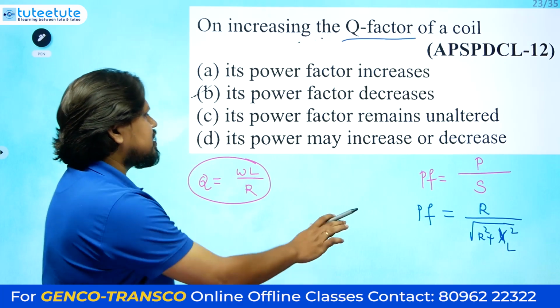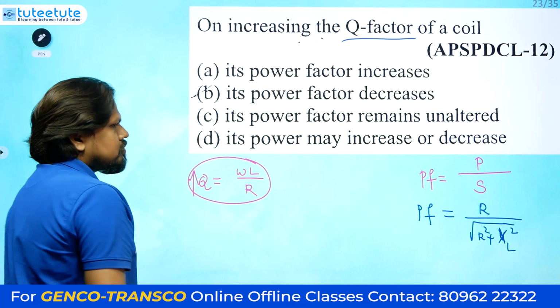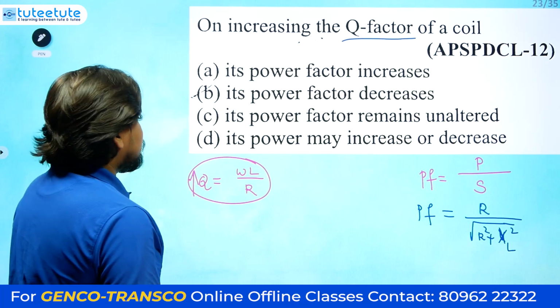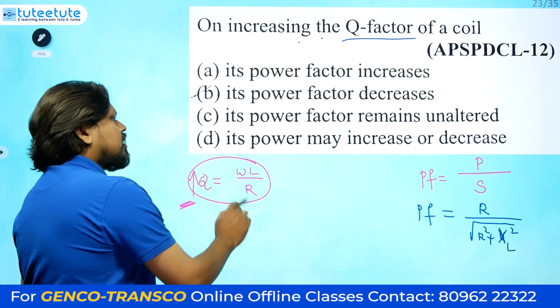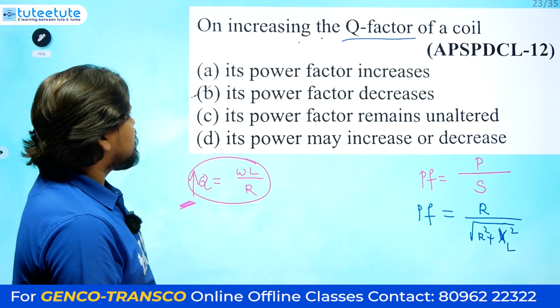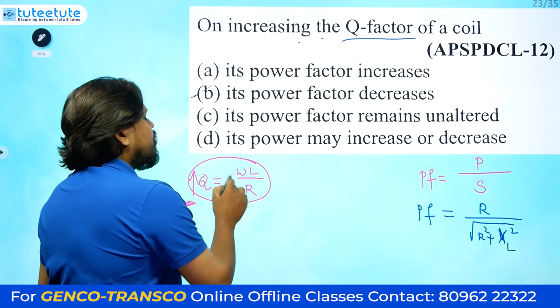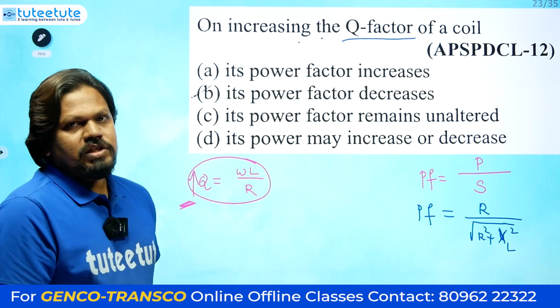Okay, but see here, this is enough to understand. Here the Q factor increases. So how will the Q factor be increased? The resistance in the network will not be changed at any time. How the Q factor will be increased is based on the omega value. So frequency changes, and then only the Q factor changes.